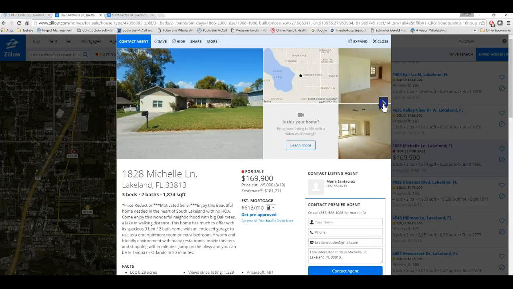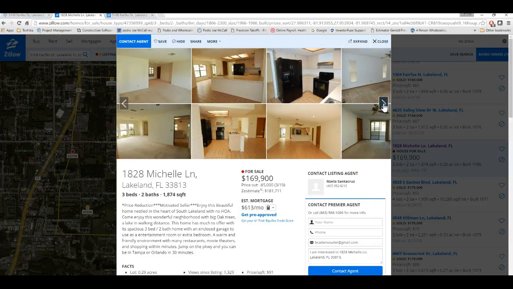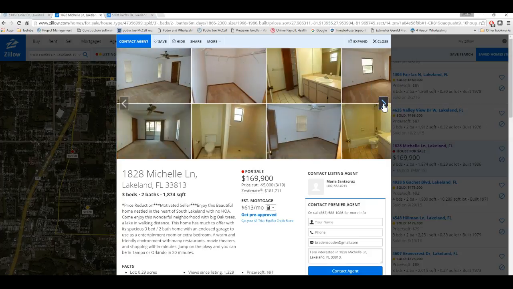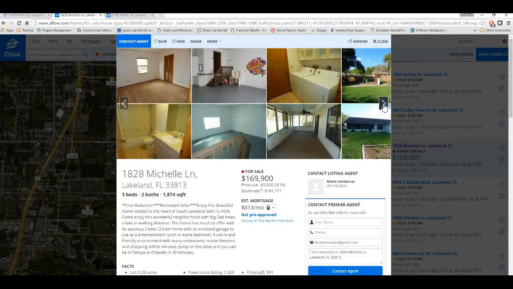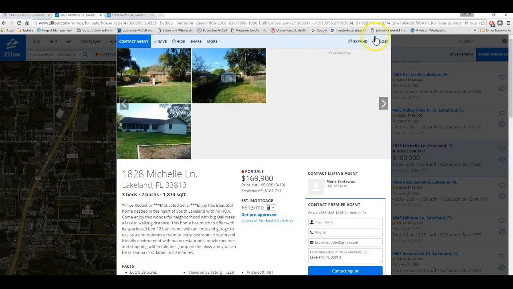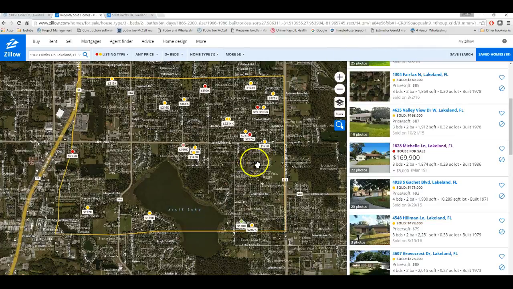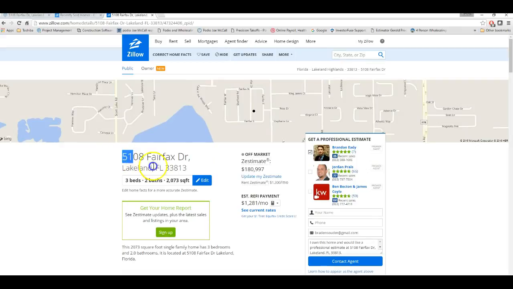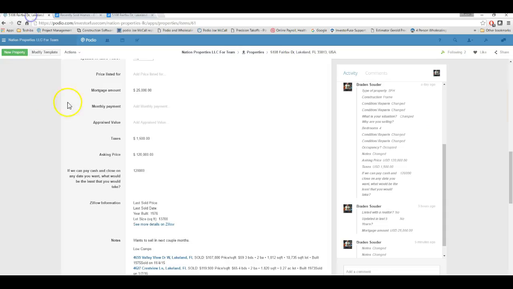Let's look at this one. Okay, it's all old, hasn't been updated. So they're selling 169. Swing set. So our house, we should be able to do all right with it. Let's see what it looks like. Look at the street view.